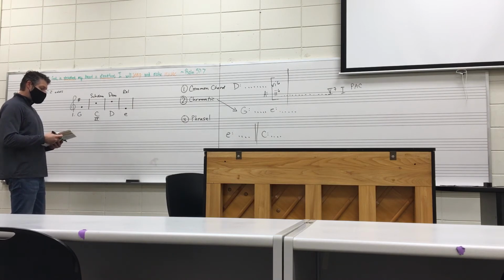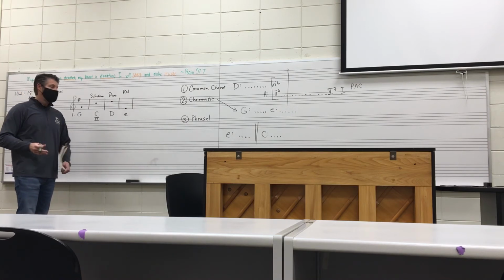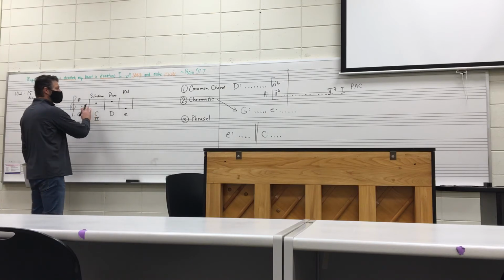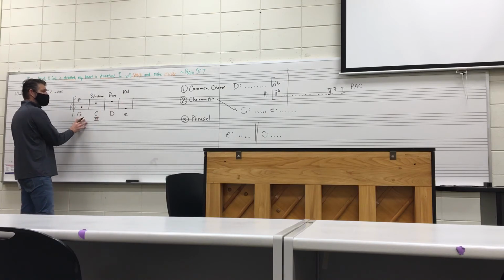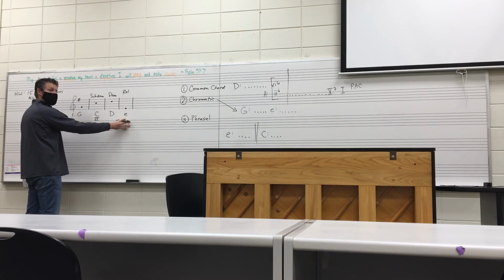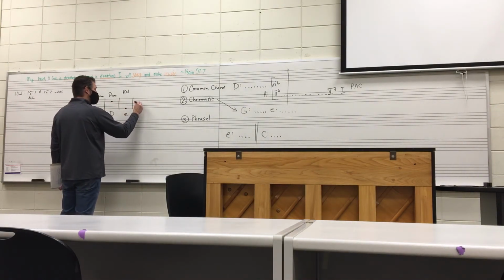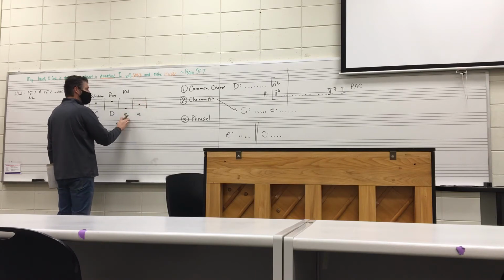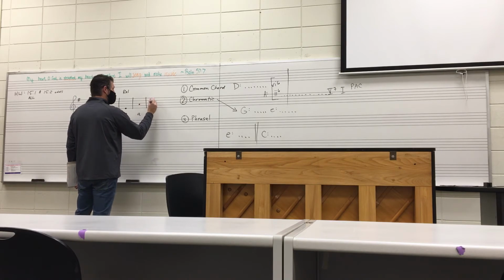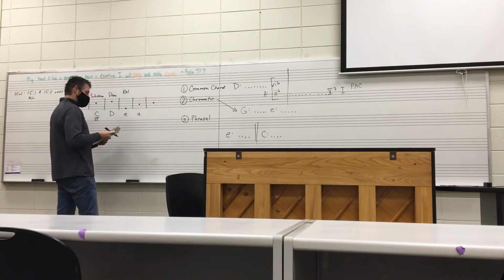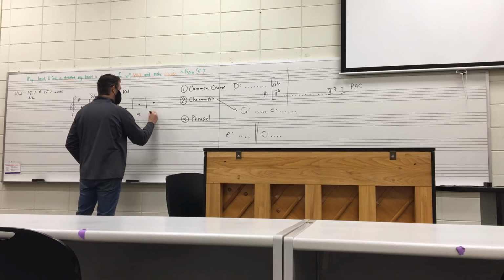Then we need the subdominant of the relative. Okay, so I'm just going to do the same thing I did for G, but now I'm going to do it in the relative minor. A fourth higher than E is A minor, and a fifth higher than E is going to be B minor.